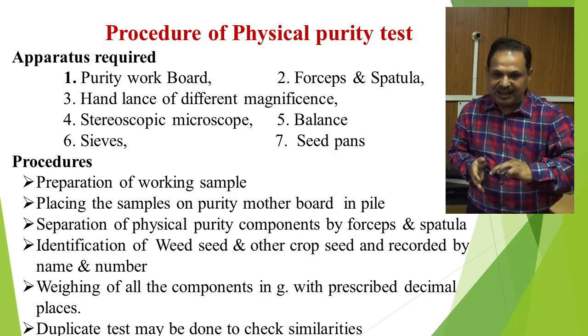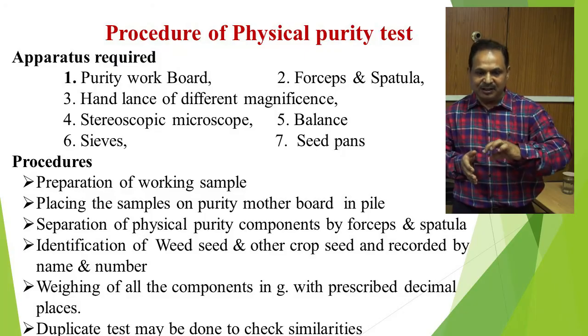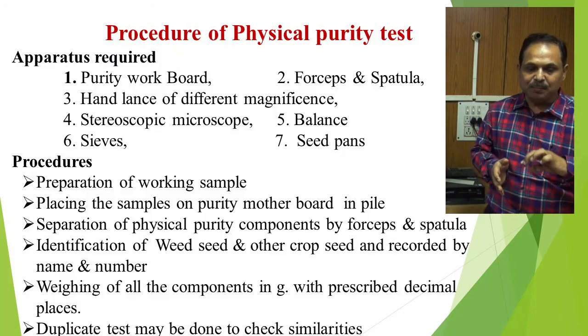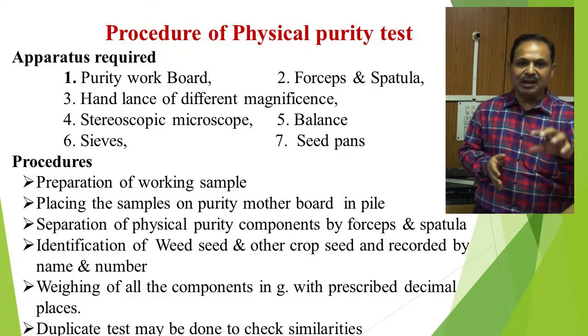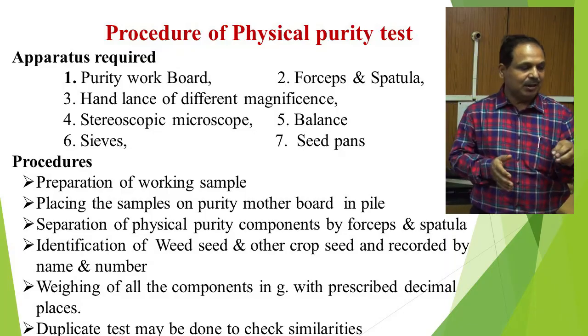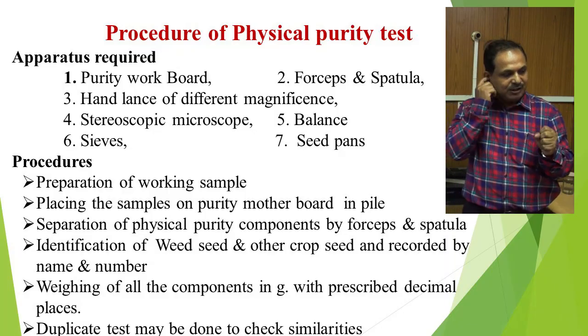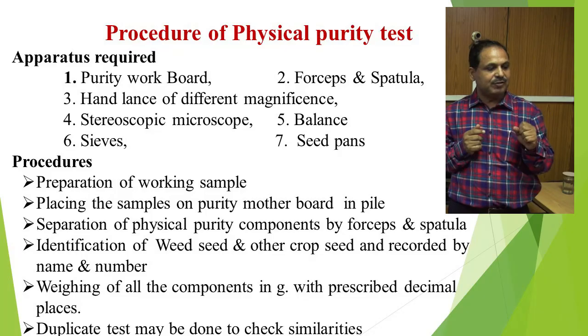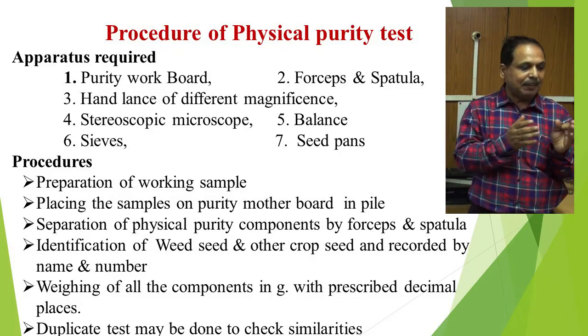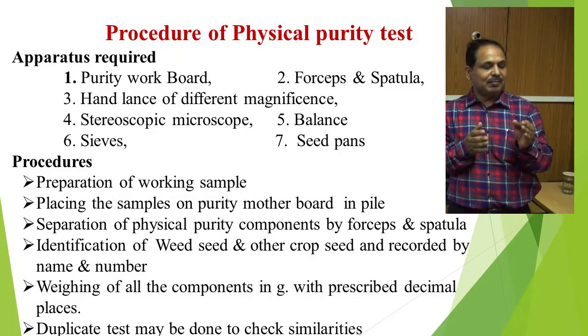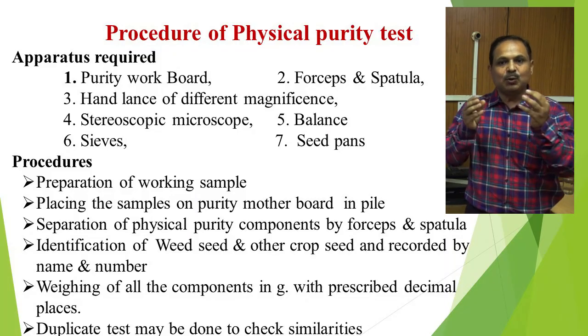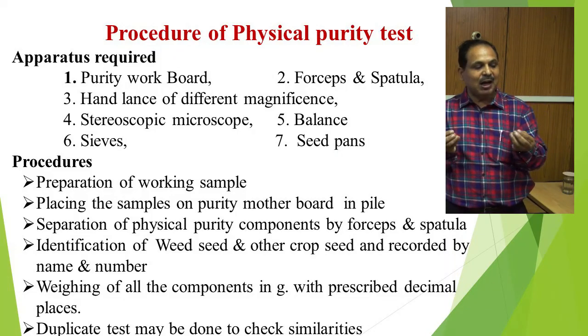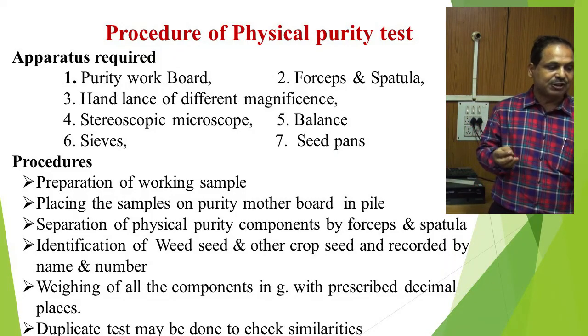It is arranged in such a manner that the components of each and every seed can be clearly observed, and then they are separated with the help of a spatula and hand forceps.